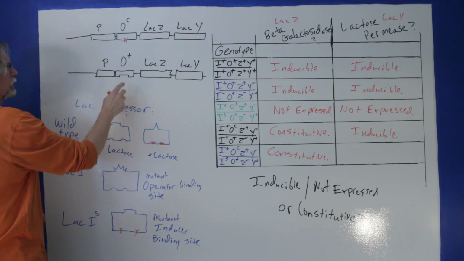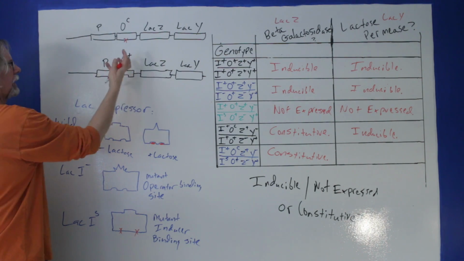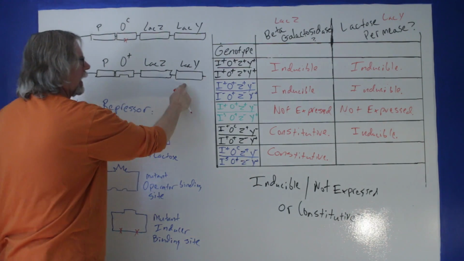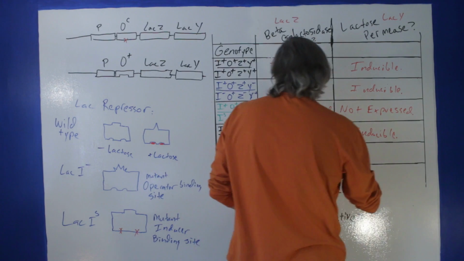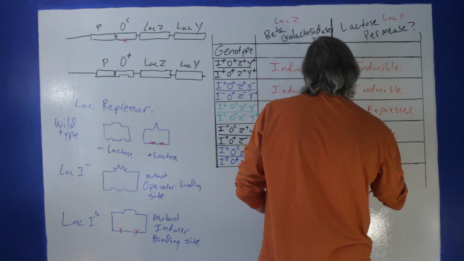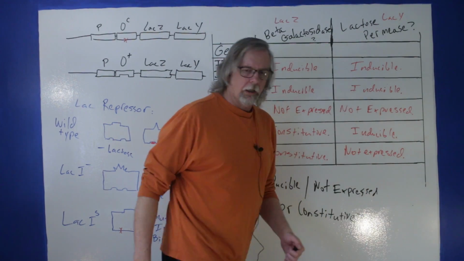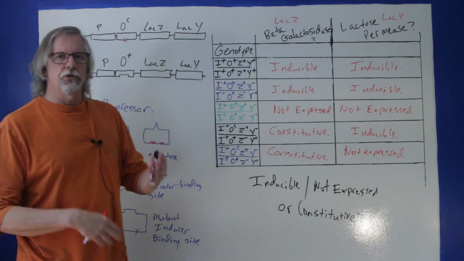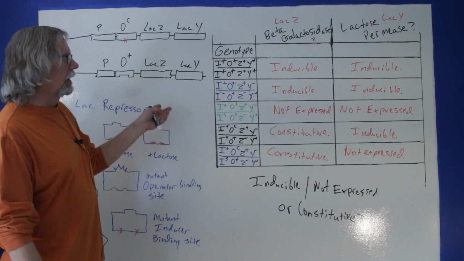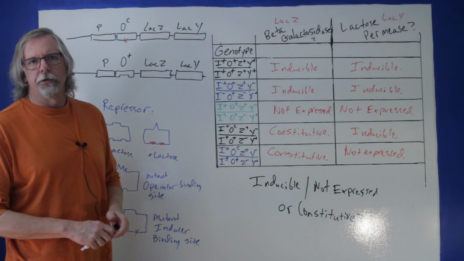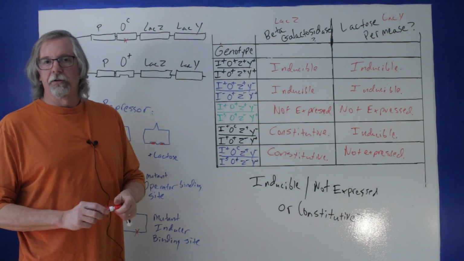Because of the presence of the super repressor, it's going to be constantly bound, can't be pulled off, and the LAC-Y, therefore, is not expressed. Okay, so that's the thought process you should go through when you evaluate these kind of merodiploids and the different genotypes.